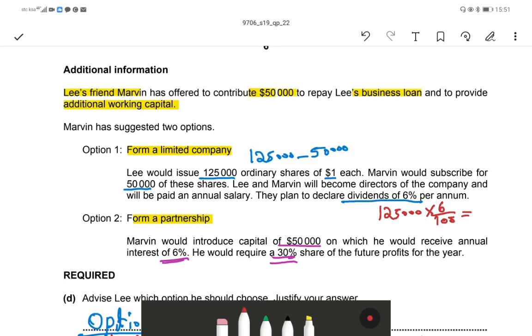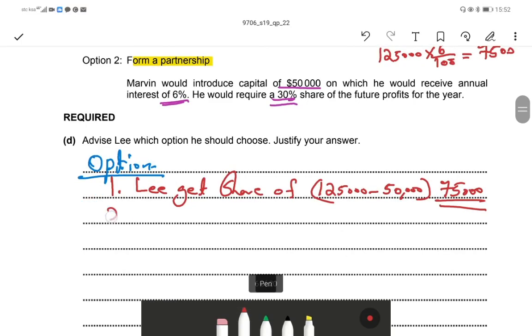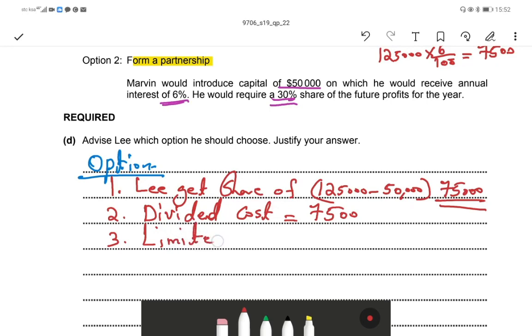How much is that? 7,500. The dividend cost is 7,500 if they are running a limited company. Then third, limited liability.